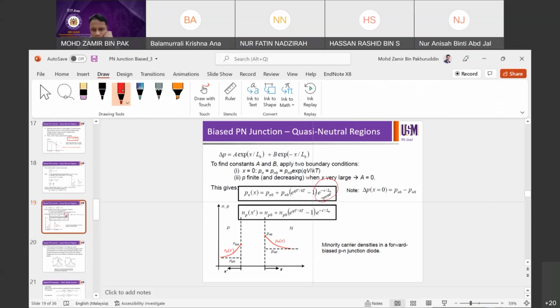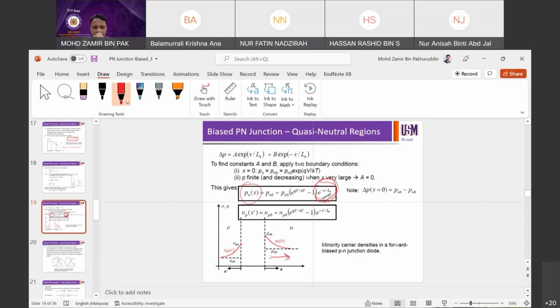Kenapa dia LH? Why is it LH here for PN(x)? Why is it not LE? Kenapa dia LH? Anyone? Now we're talking about this side.